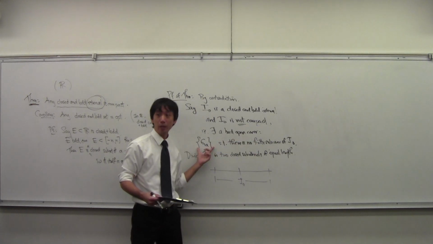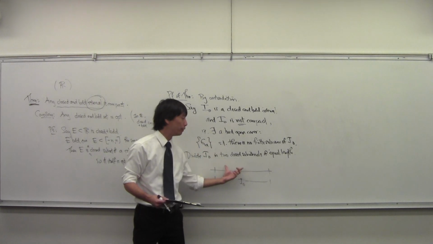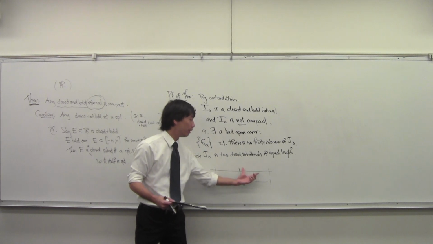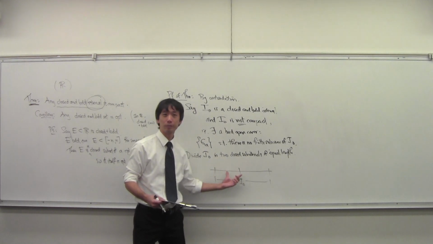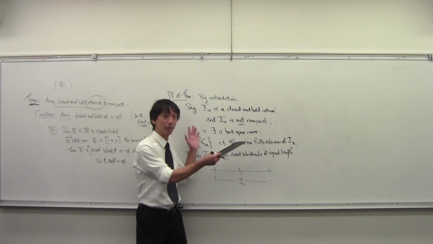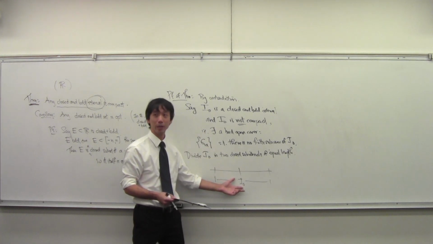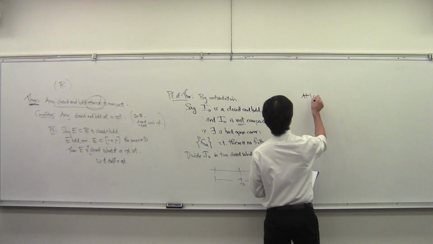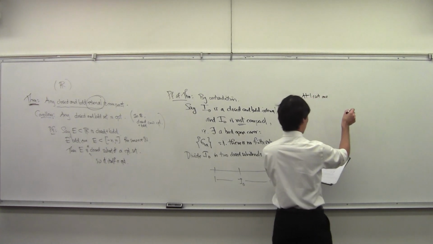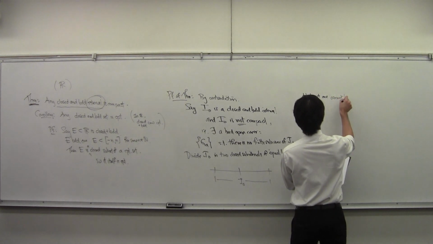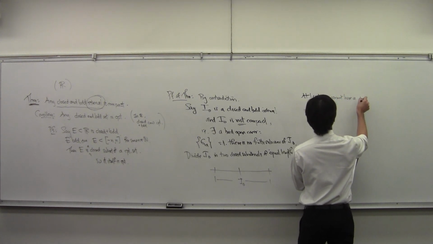Since G alpha had no finite subcover of I naught, G alpha must have no finite subcover of at least one of these intervals, because if they both have finite subcovers, we would have had a finite subcover of I naught. So at least one of them cannot have a decent finite subcover.